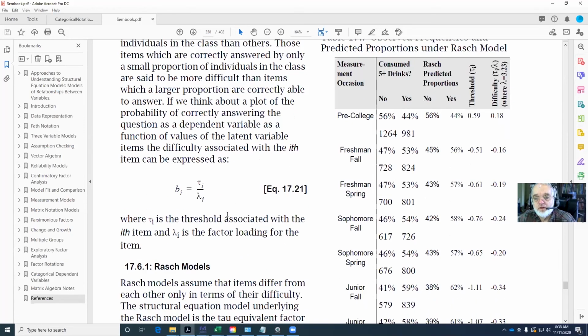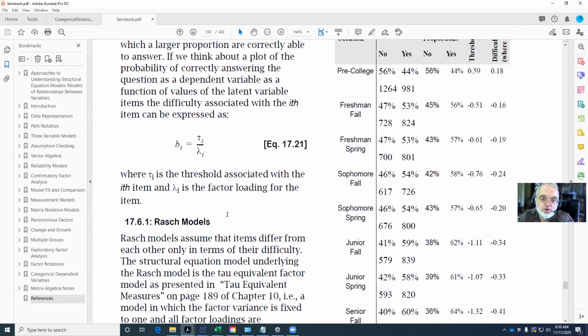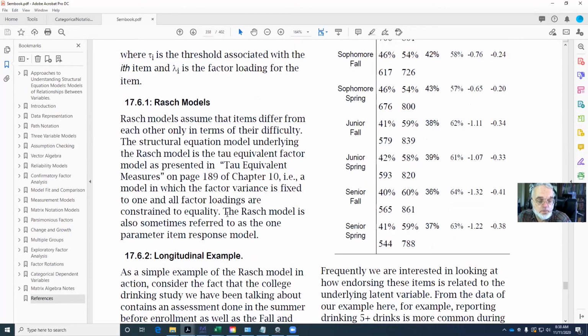So inside of item response theory, there are these things called Rasch models. Rasch models are different than the two-parameter IRT model that you saw because they assume that all of the factor loadings are going to be the same. In other words, there's a latent variable called f out there, and there are loadings on it, but the loadings are the same across all items.